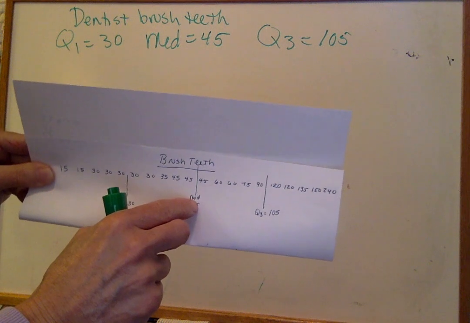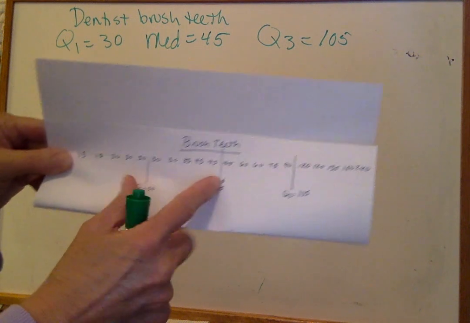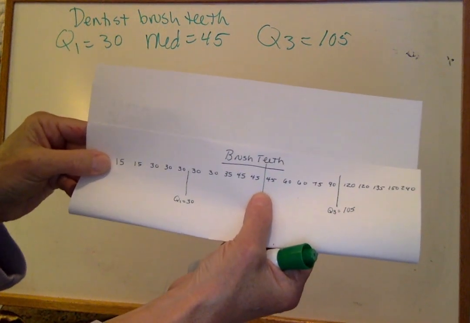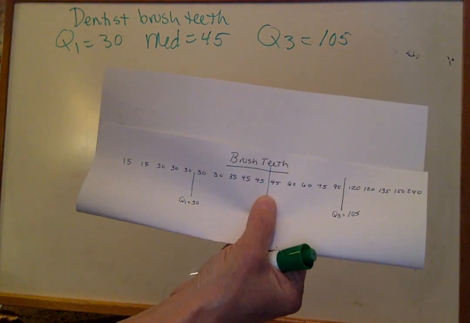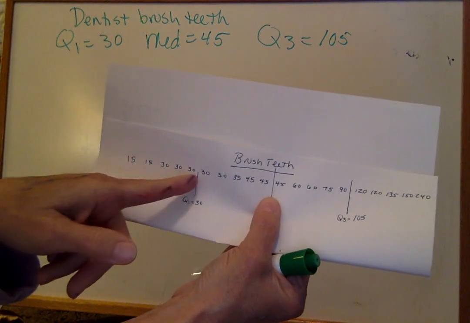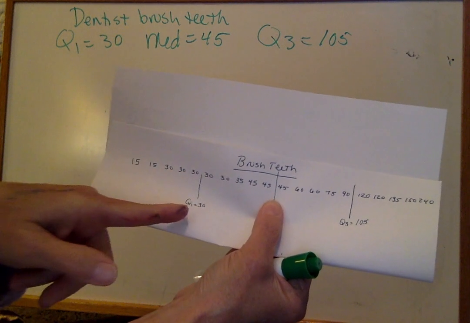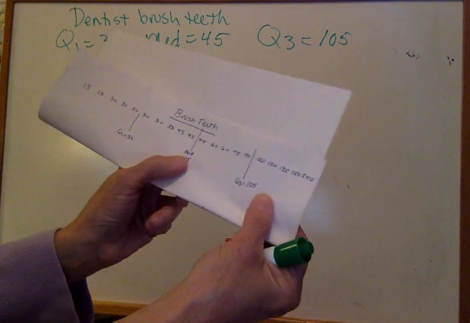But I really like the visual of putting a wall in between, because then those 10 data points are the lower half of my data set. I, again, have an even number. So I'm averaging those two number 30s to get Q1 of 30. Much more interesting on the upper end.